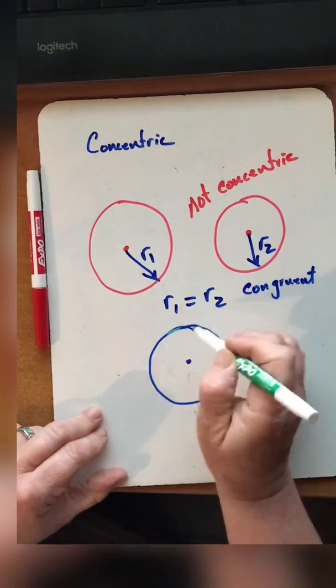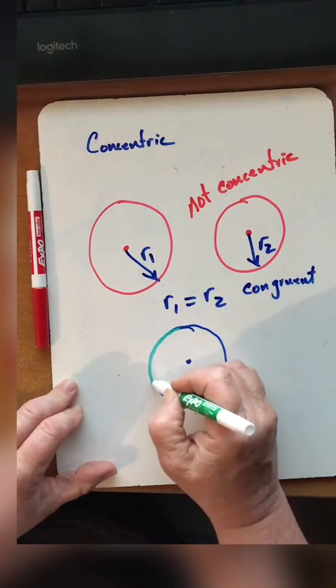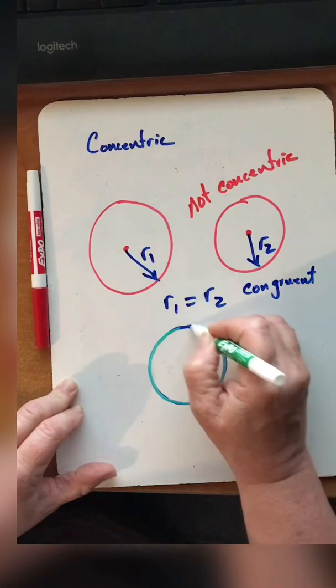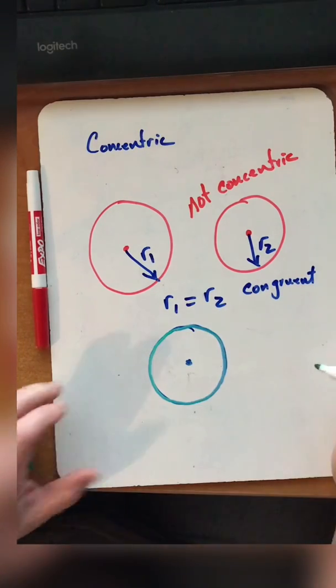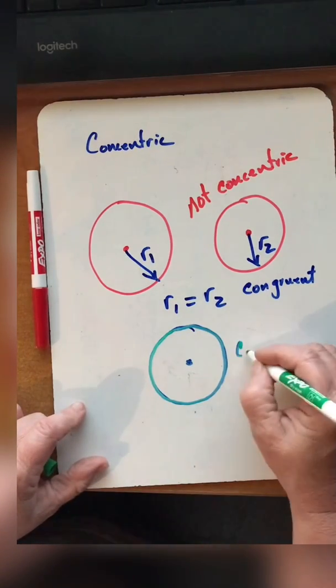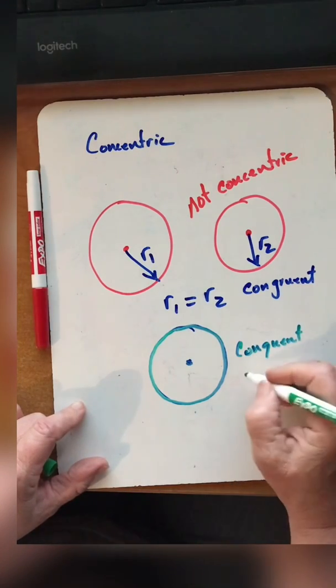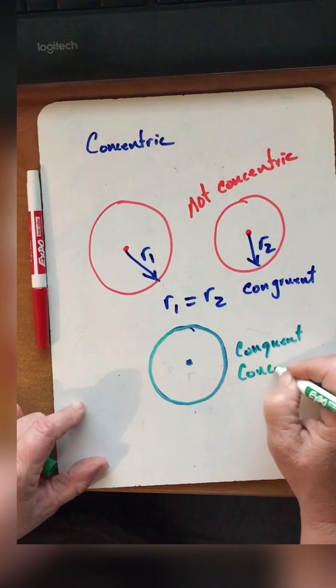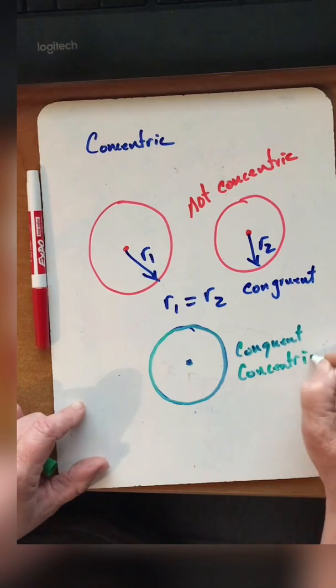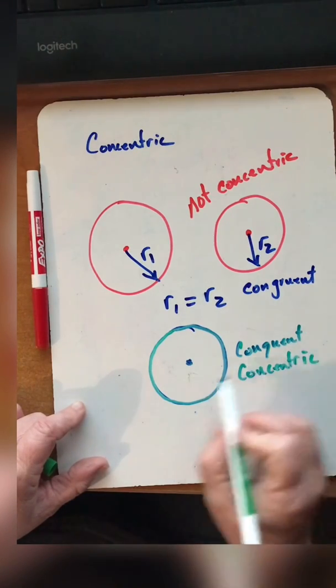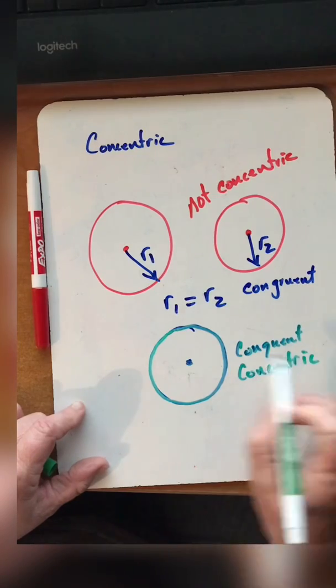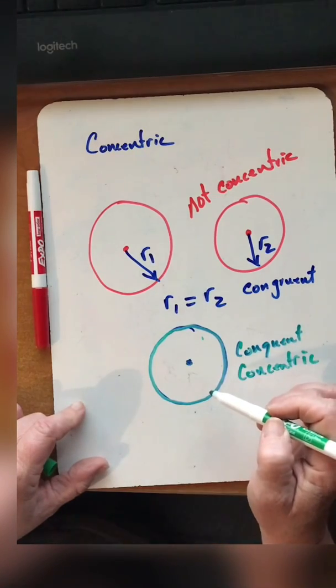So basically, is this going to work? If you got a circle on top of a circle at the same center, then that would be congruent. Notice how my pen even tells you they're both the same. Concentric congruent. So the only way you can have both congruent and concentric is they're on top of each other.